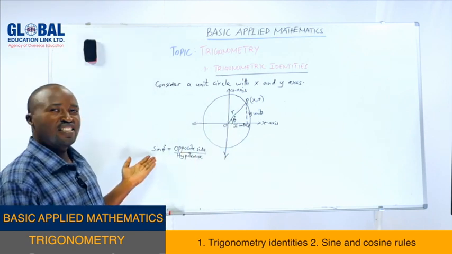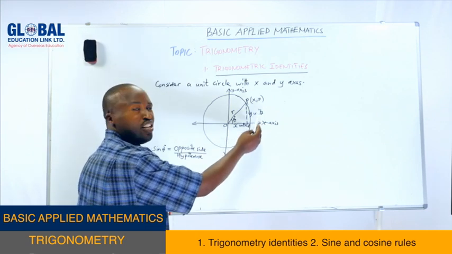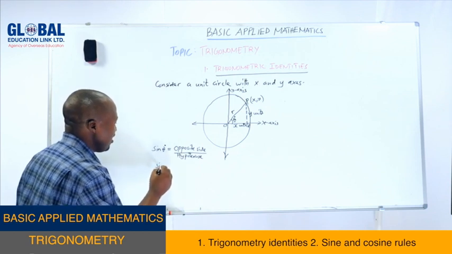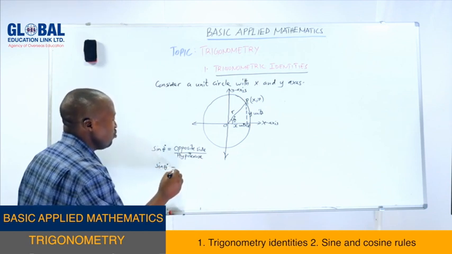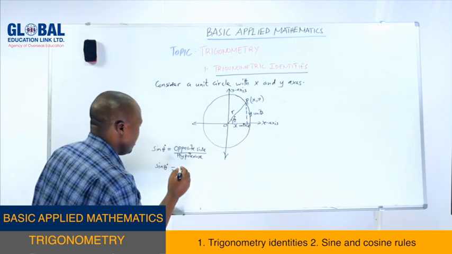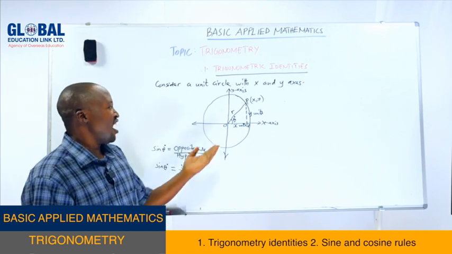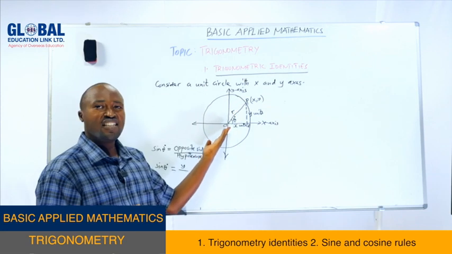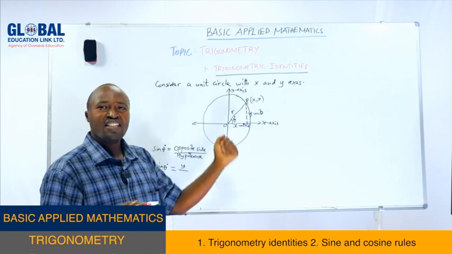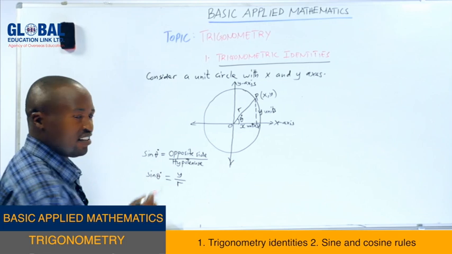So if we are talking about sine theta, the opposite of angle theta is y units. Therefore, sine theta is equal to y over the hypotenuse. Our hypotenuse is r, the radius, any distance from the center of the circle to any point of the circumference.